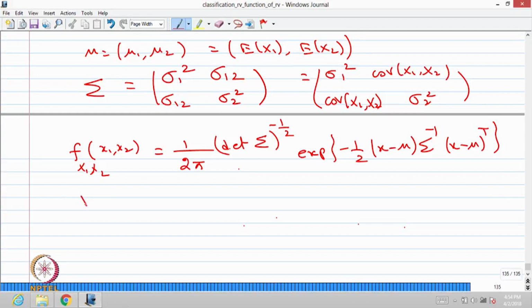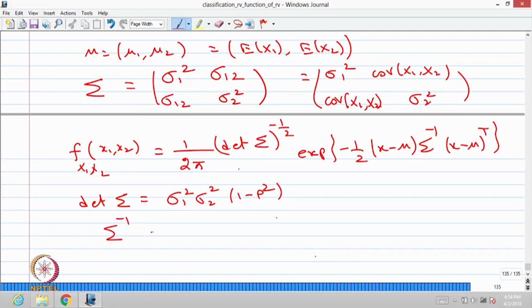So we will find each quantity separately. If you simplify the determinant of the sigma matrix, you will get sigma 1 square, sigma 2 square, and since we have only 2 elements, we can write the covariance in terms of rho, therefore it is going to be 1 minus rho square.